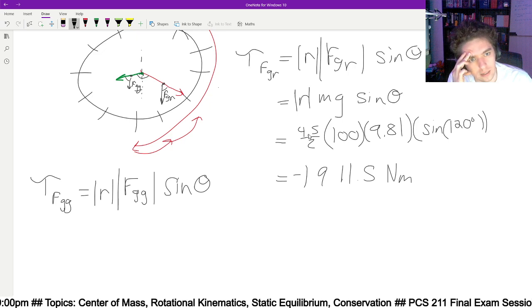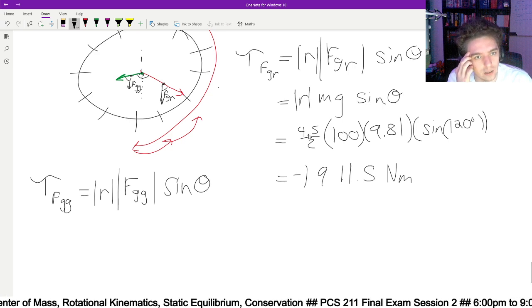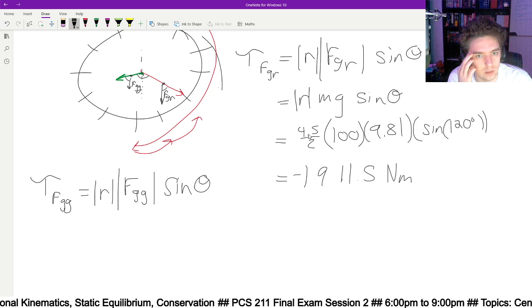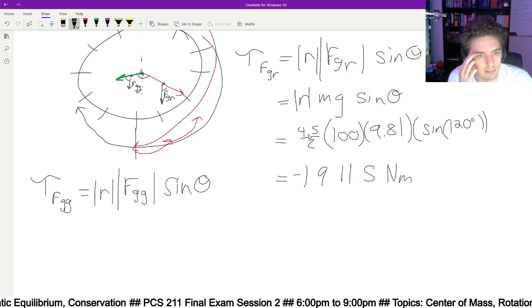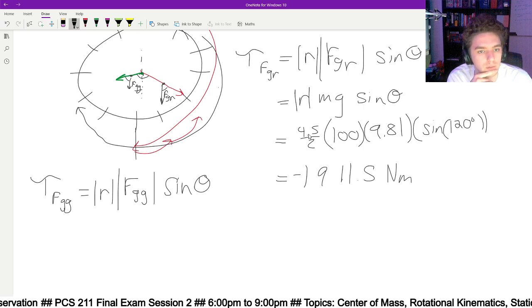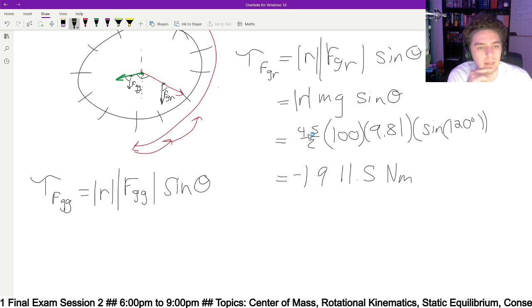That angle minus 180. So that angle, take away 180. So this whole angle that it's traversed minus 180. So you cut it off there. So you just have this angle, right? And that's the angle between the force, which is going straight down, and the radial vector, right?